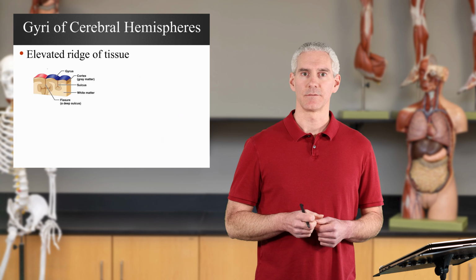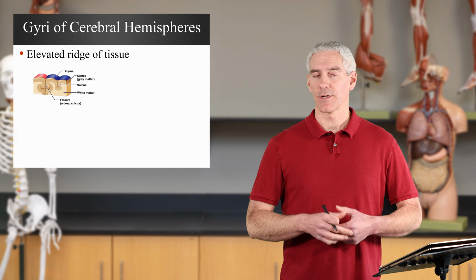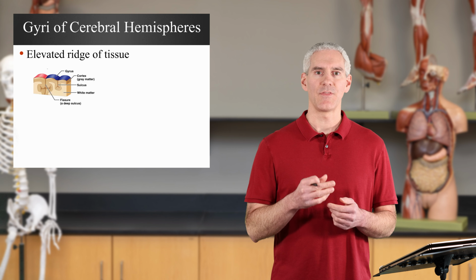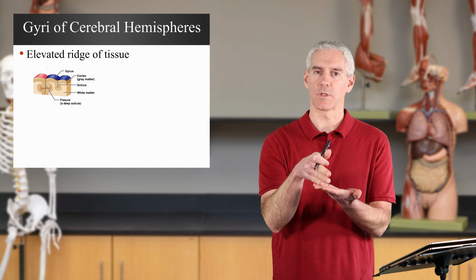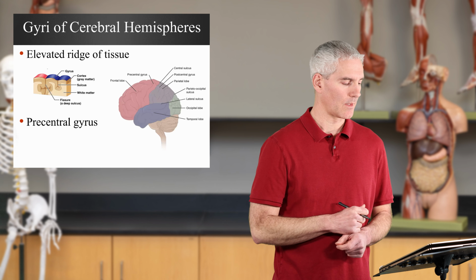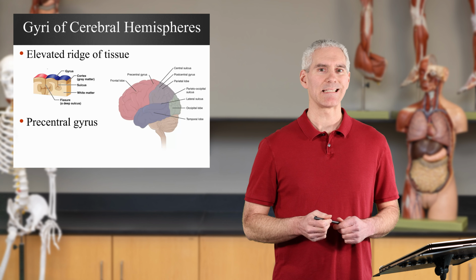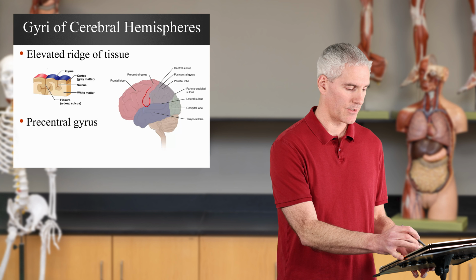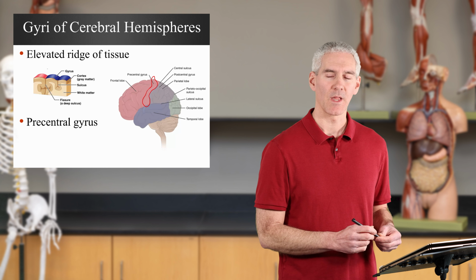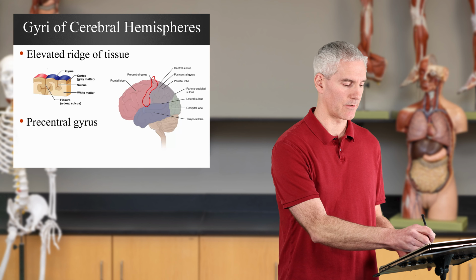You then have gyri. Now, gyri or gyrus, that's going to be the upfolds. So these kind of ridges or these upfolds on the brain. You have the precentral gyrus. Now, the precentral gyrus is this area kind of right there. That's the precentral gyrus.